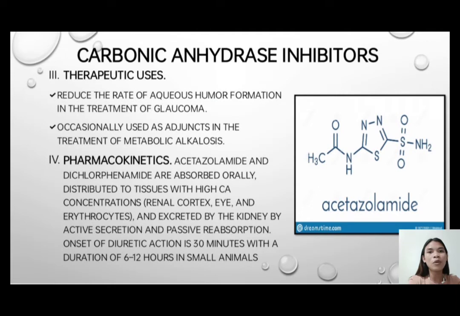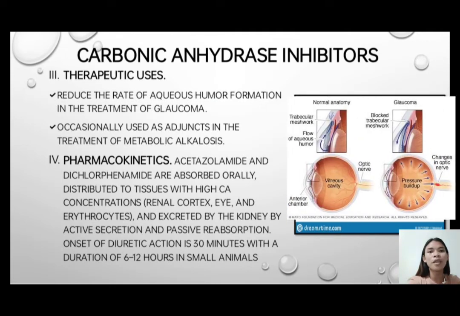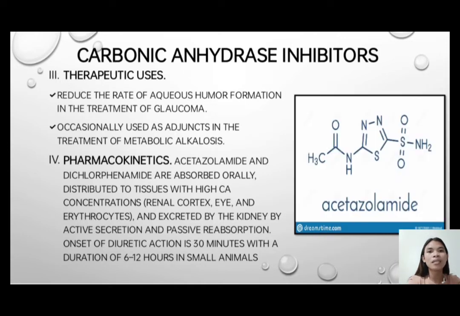For its therapeutic uses, it reduces the rate of aqueous humor formation in the treatment of glaucoma, and is occasionally used as an adjunct in the treatment of metabolic alkalosis.